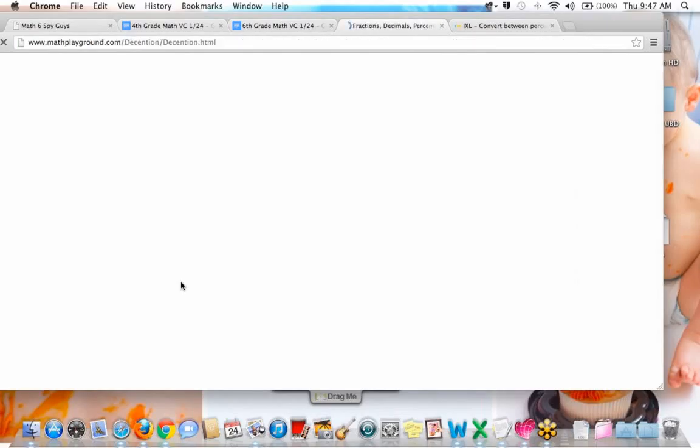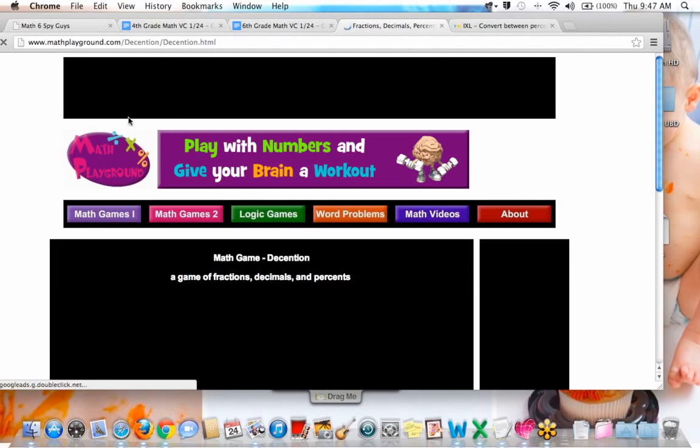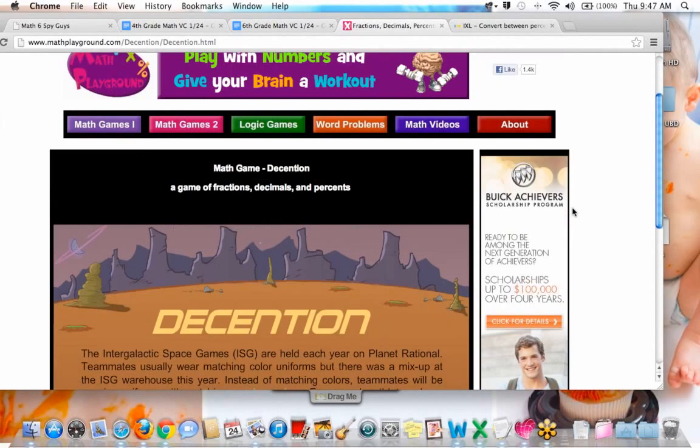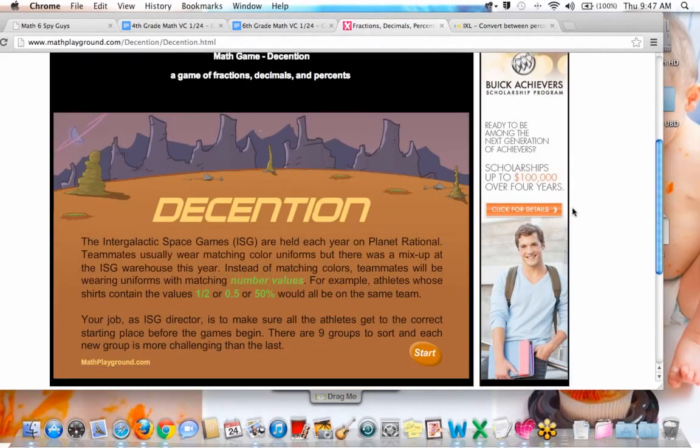And we have a game, so we have to make sure we read the directions or we won't understand it, because it's somewhat complex, but not too bad. Okay, so here we have a game of dissension. It's a game of fractions, decimals, and percents. The intergalactic space games are held each year on the planet Rational.